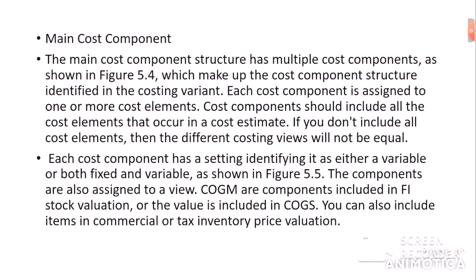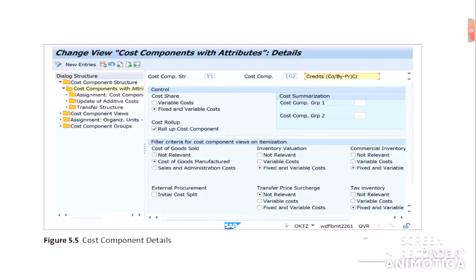So you can also include items in commercial or tax inventory price calculation. So this is the one, tax inventory, transfer price, surcharge, cost component details.